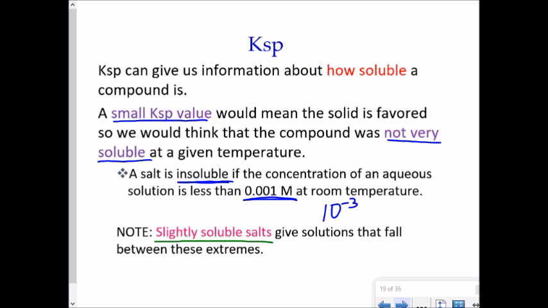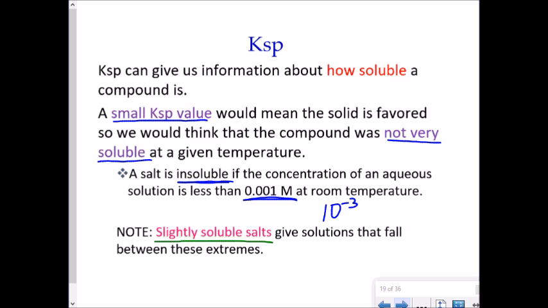So let's make sure that we're keeping a conceptual idea of when you look at that Ksp value, you should be able to go, oh yeah, that one's not soluble at all, or that one's more soluble than this one. Referencing that Ksp value will be very helpful to you.